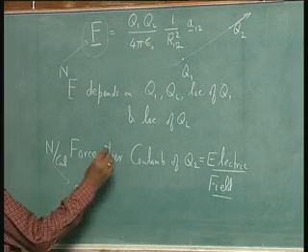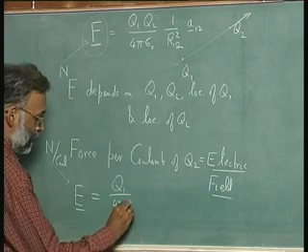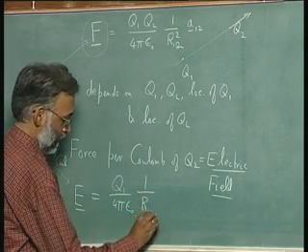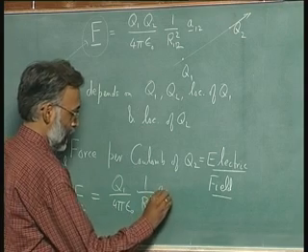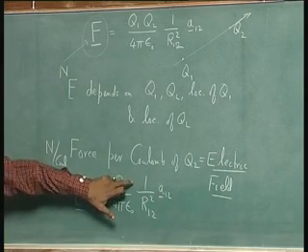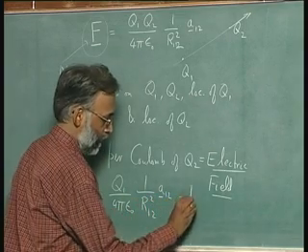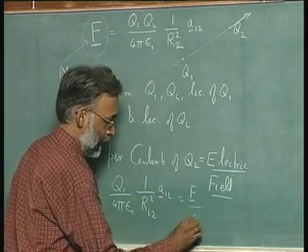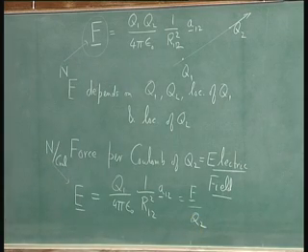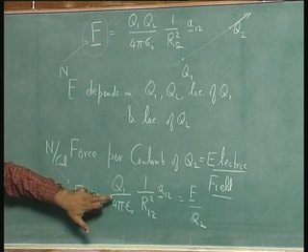It is defined as Q1 over 4 pi epsilon 0, 1 over R12 squared A12. Q2 is missing. So, E is actually equal to the force F divided by Q2, because you can see that is the difference between this formula and this formula.